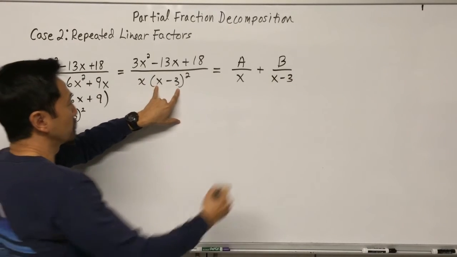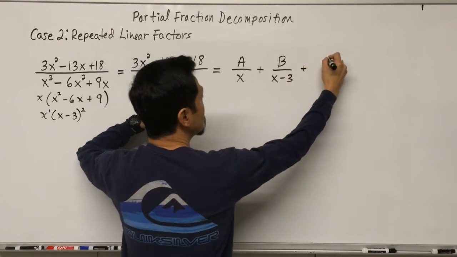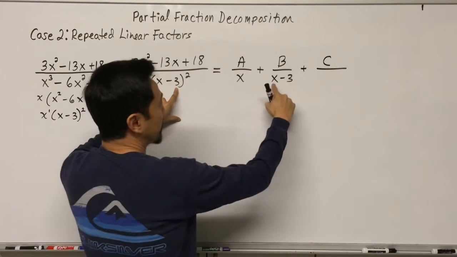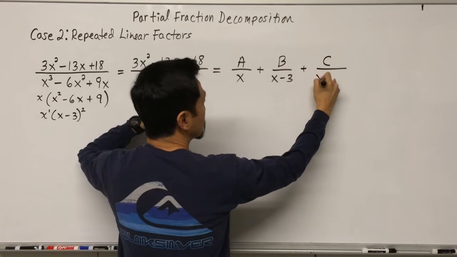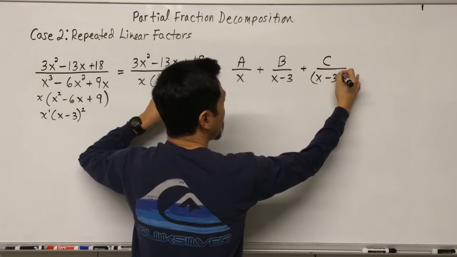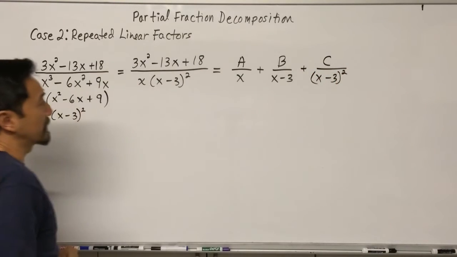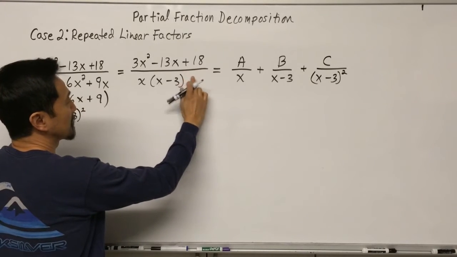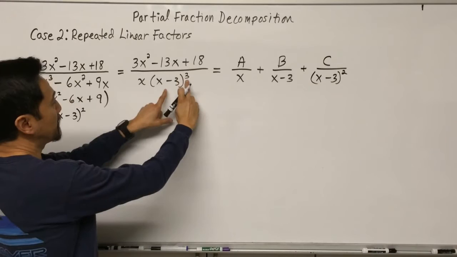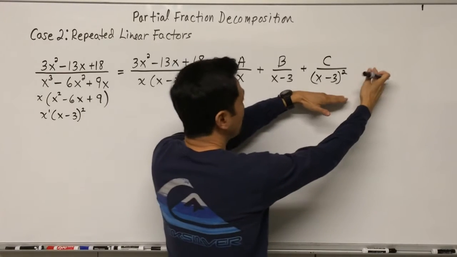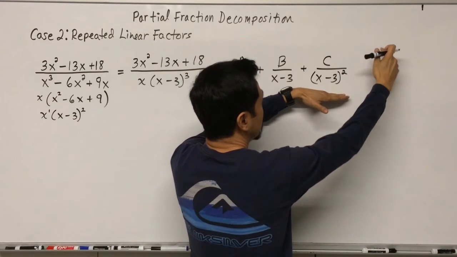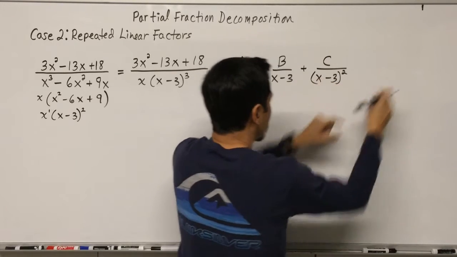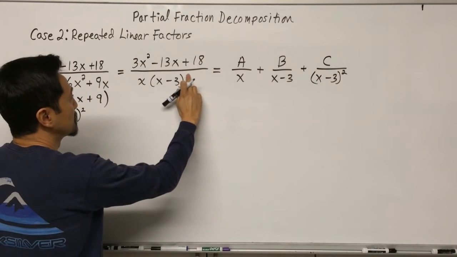And then we're going to need another fraction, which is c over (x minus 3) to the second power. Okay? And if there was a power of 3 here, let's say there was, then I'm going to need to have one more fraction for it. And then it would be d over (x minus 3) to the third power. Okay? But we have only 2.